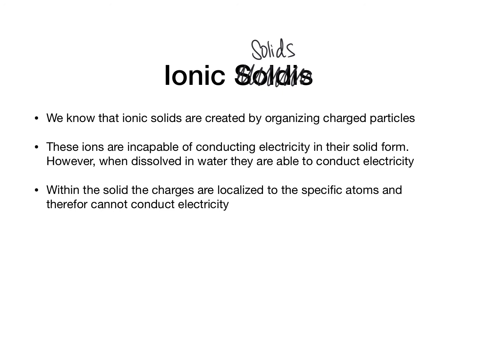Within the solid, the charges are localized to the specific atoms and cannot conduct electricity. This is spelled wrong. The behavior of these ions, both in the solid and in the liquid, tells us about how they function. And so ionic solids are stabilized by the lattice energy and the ionic bond formation, which is quite different than the covalent bonds we'll hear about in the next video.